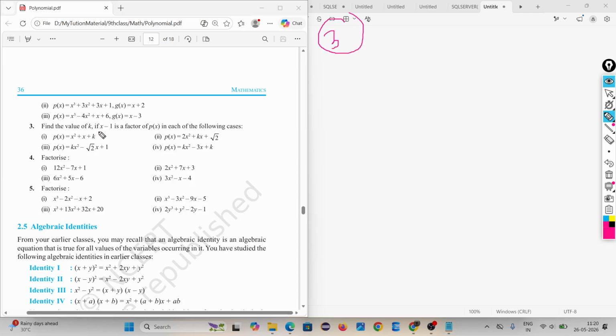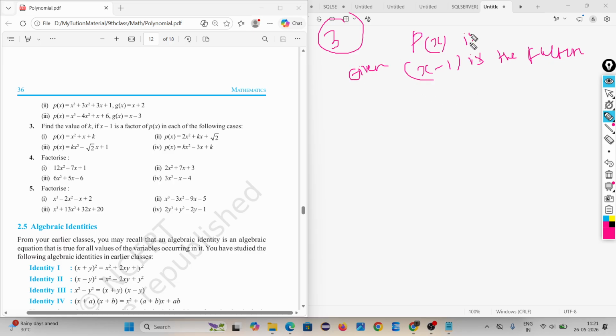Find the value of k if x minus 1 is a factor of p of x. It is clearly telling that p of x is a polynomial, and x minus 1 is the factor. This is given.